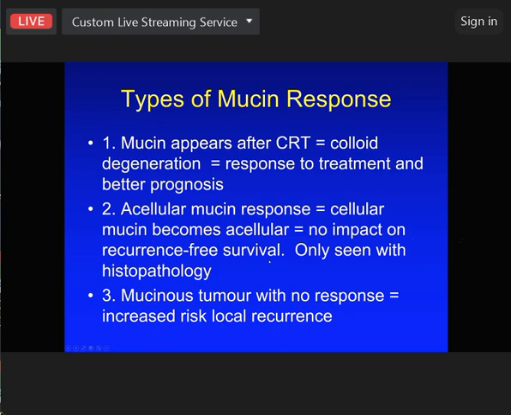We can't see this on imaging, but it can be seen on histopathology, and that doesn't actually have any impact on recurrence-free survival. The tumor that is mucinous prior to chemorad that does not respond to treatment, i.e. it remains mucinous and doesn't shrink, has an increased risk of local recurrence.